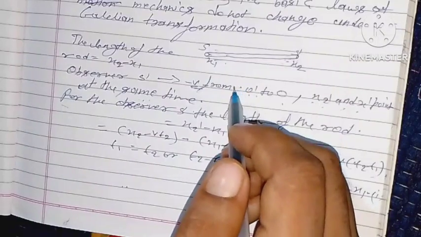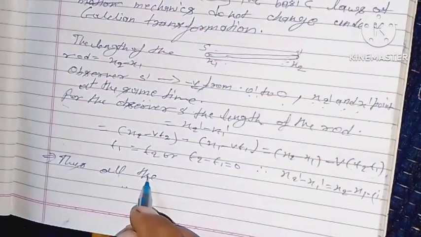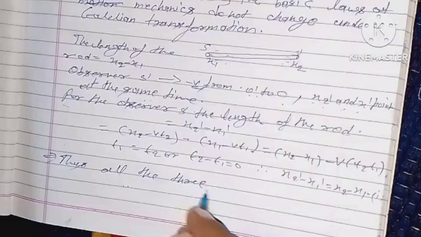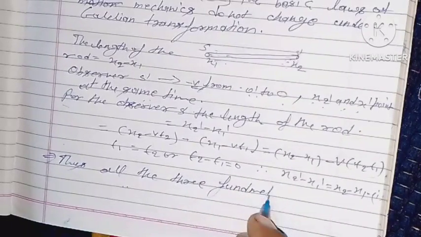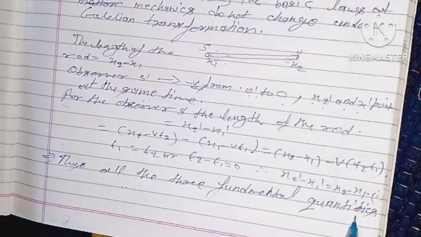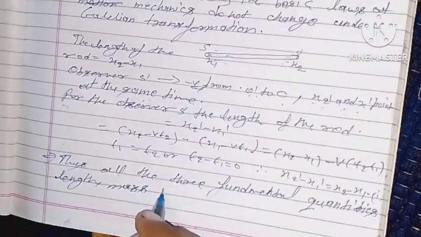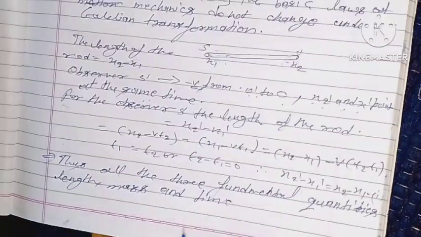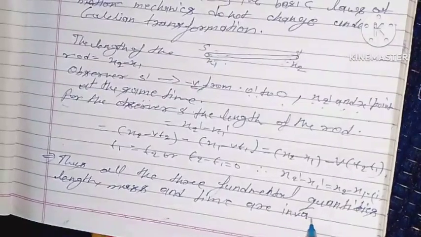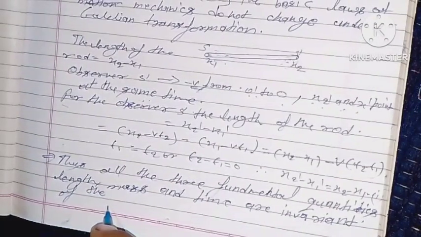Thus, all the three fundamental quantities, length, mass and time, are invariant of the relative motion of the observer.